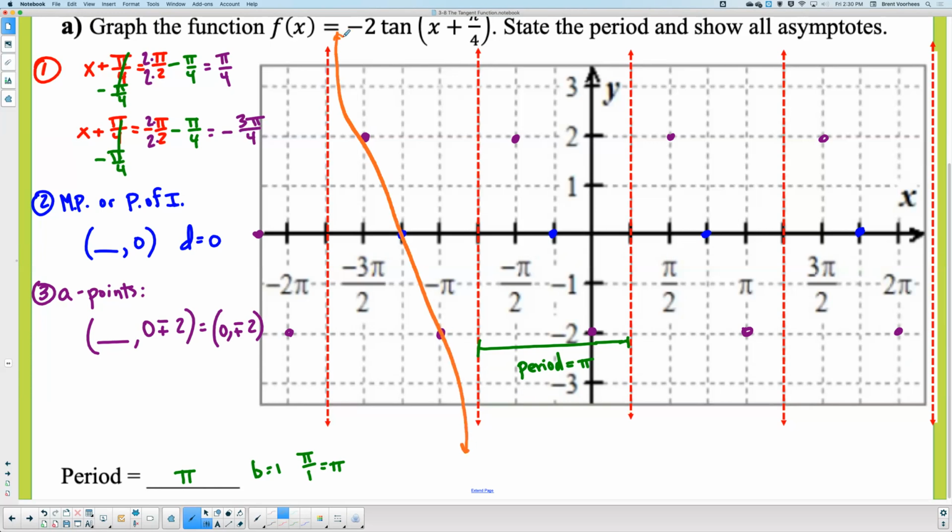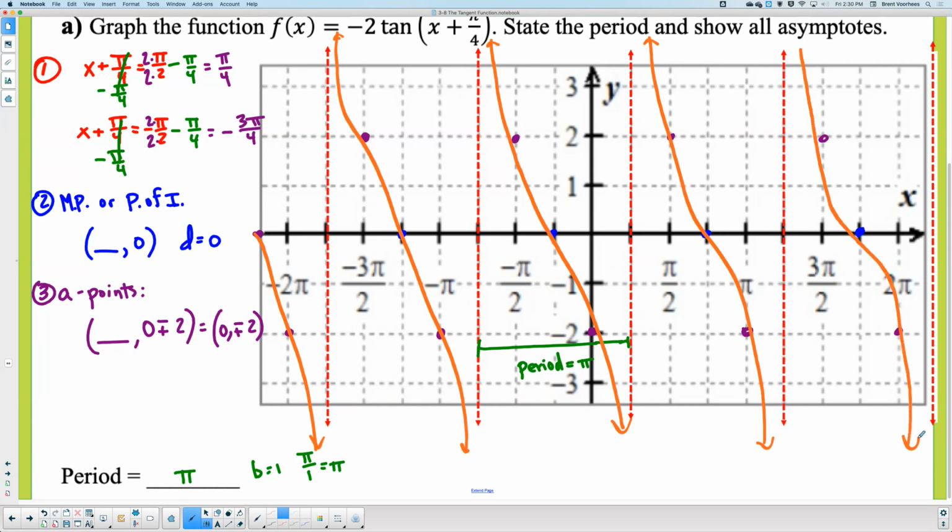That was not a very good S-curve there, but like that.